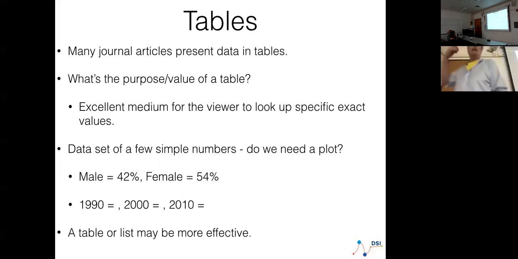I don't really want that, but there's a very famous plot I can pull up. There's a guy called Edward Tufte who did a lot of critical visualization early on, in the late 70s and early 80s.